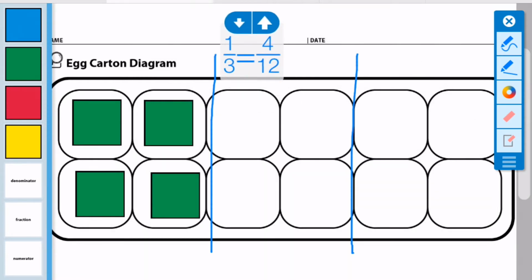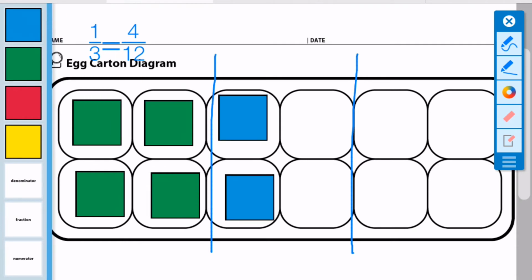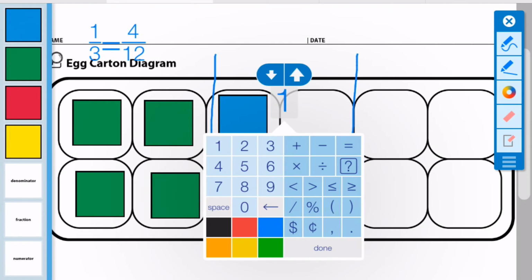However, 1/3, if we think about it as the eggs, is actually the same as 4 out of 12, or 4/12 of the carton. Then they went back outside and discovered that the other chicken had laid 1/6 of the carton. There's enough eggs from the other chicken to fill 1/6 of the carton. But again, from filling up the carton, I can see that 1/6 is the same as 2/12.